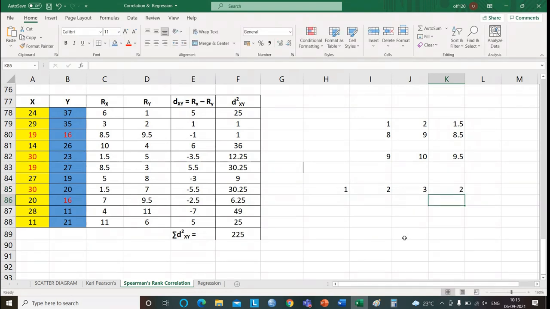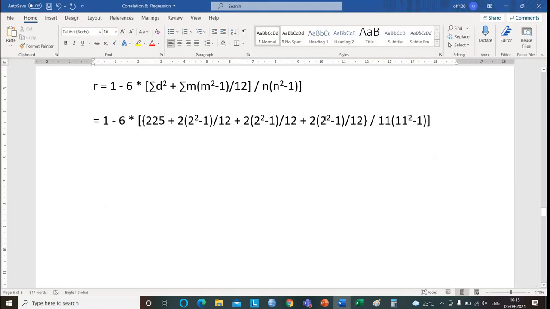So I'll give rank 2, 3 times. But in this case, m becomes 3, because there is a tie between three values. So if there is a tie between two values, we take 2, and if it is a tie between three values, we take 3. That is how we find out the answer.